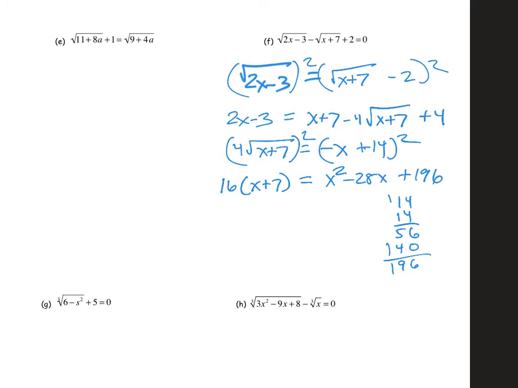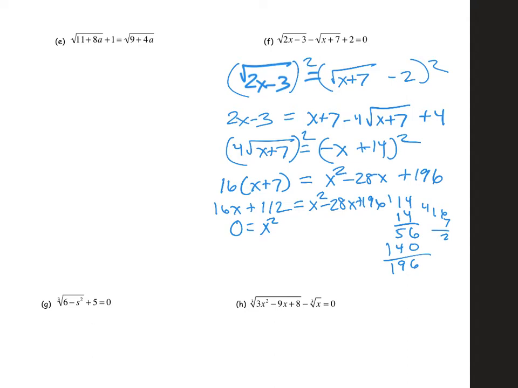Now I've got 16x plus 112, that's 16 times 7, equals x squared minus 28x plus 196. And I've got a quadratic. How do I deal with the quadratic? We'll get everything on one side, and then I can assess the strategy for solving the quadratic.